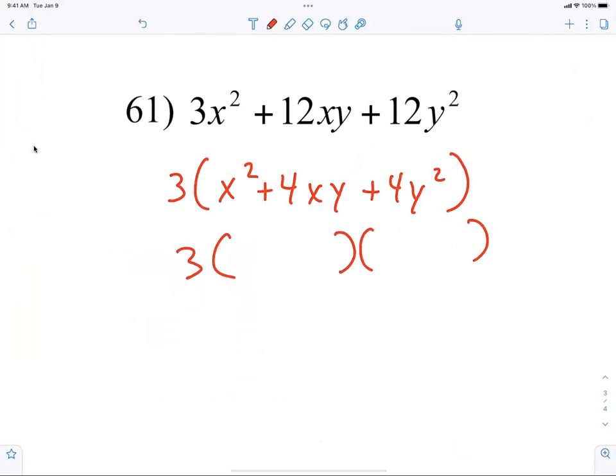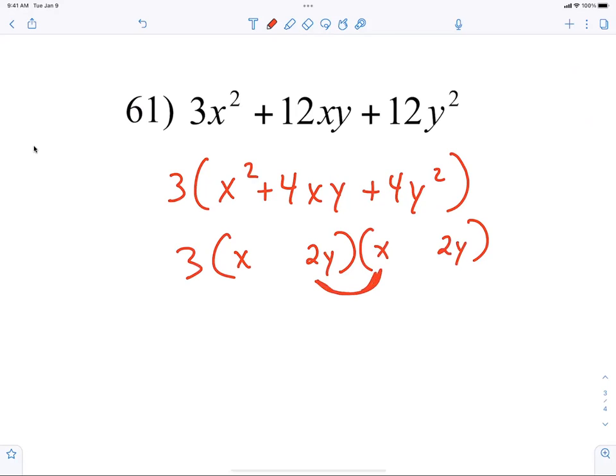How do I make x squared? X and x. Now I want 4 from the factors of 4. So what are the factors of 4 that make 4? 4 and 1, or 2 and 2. 2 times 2 equals 4. So immediately I'm going to throw down a 2y and a 2y.